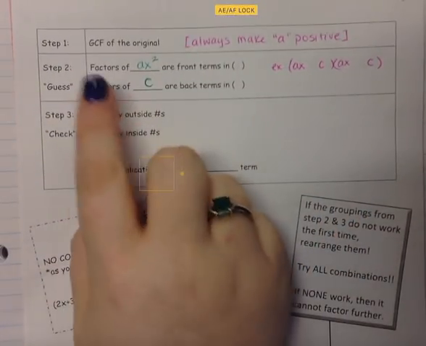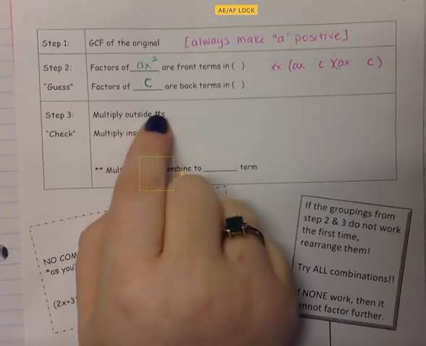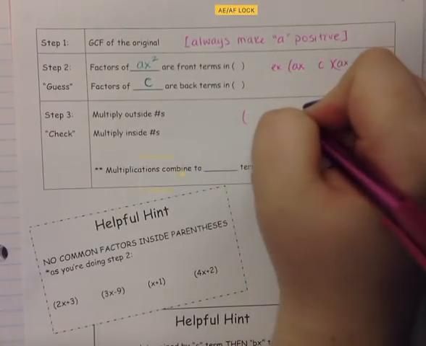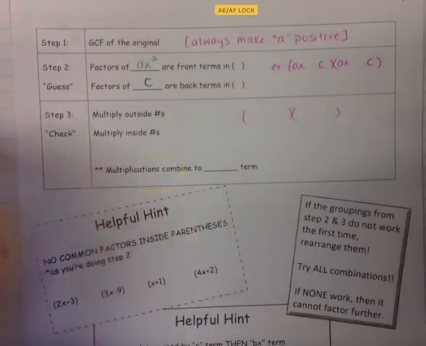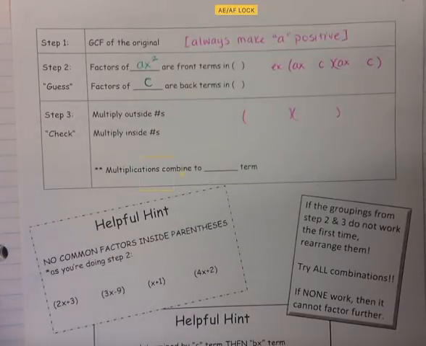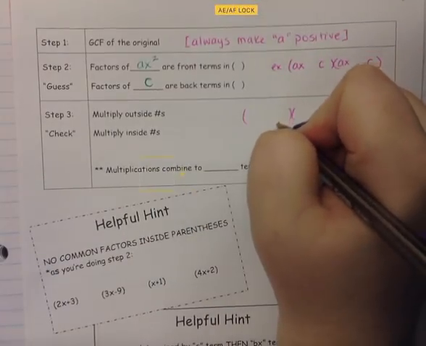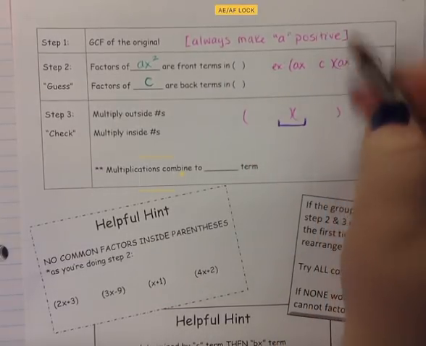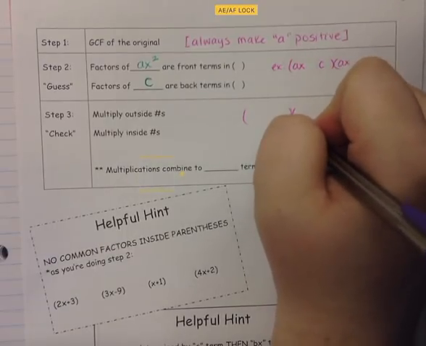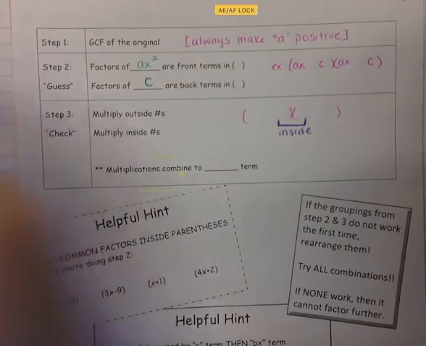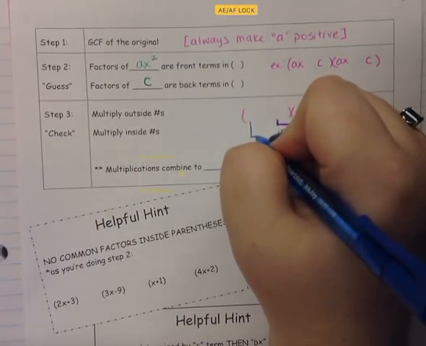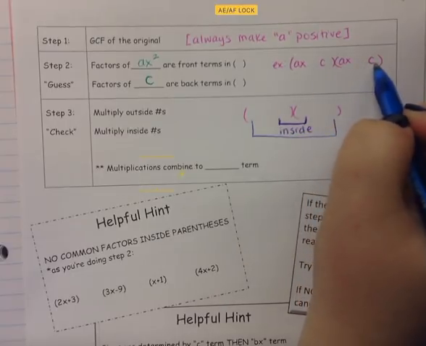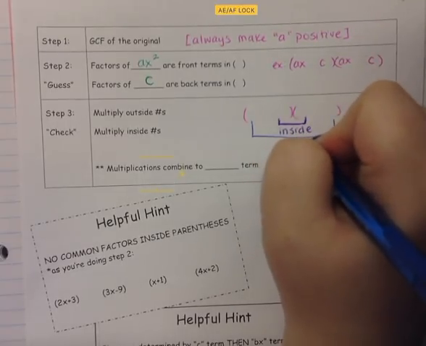Now, to check to see if our guess was correct, we're going to multiply the outside numbers, and we're going to multiply the inside numbers. So again, if we have our two sets of parentheses, I'm going to say these ones first. These are the two inside numbers. So this c and that ax, these are the inside numbers. And then the outside numbers are the ones that are further away. So this ax and then this c, these are the outside numbers.